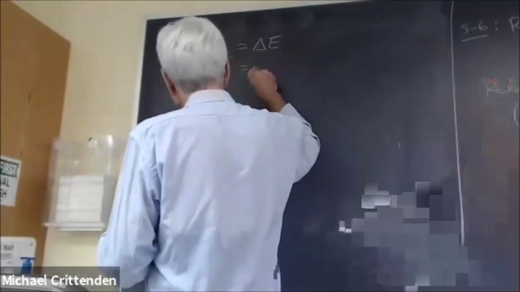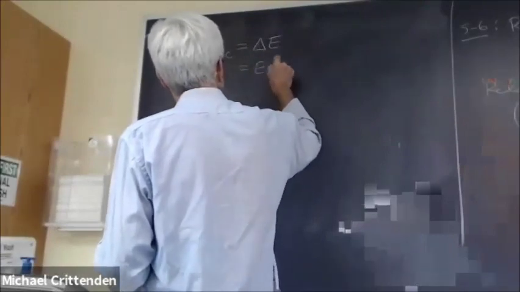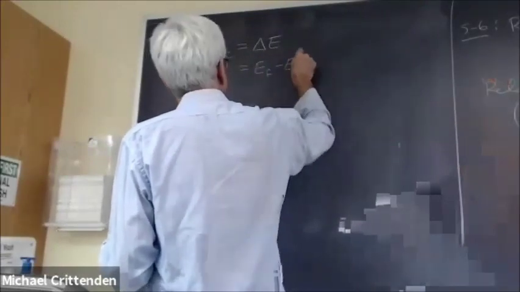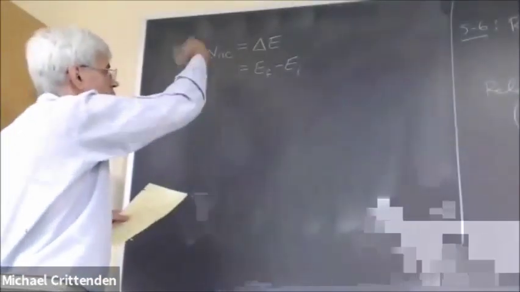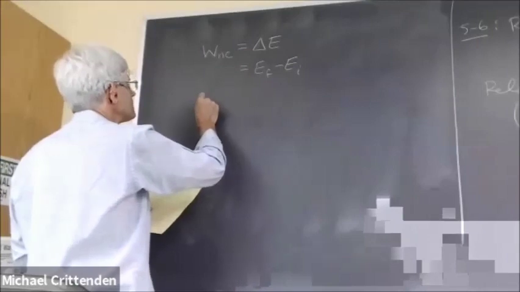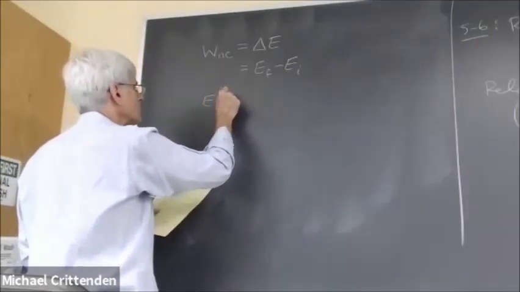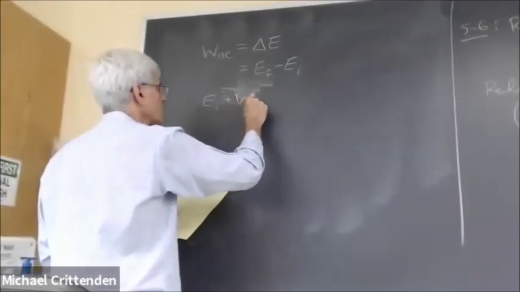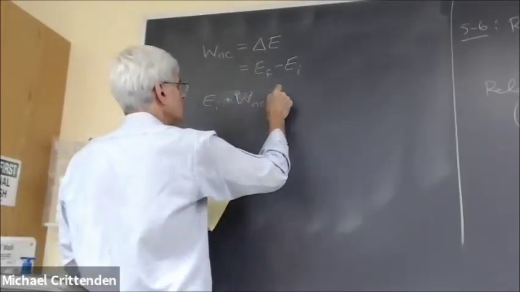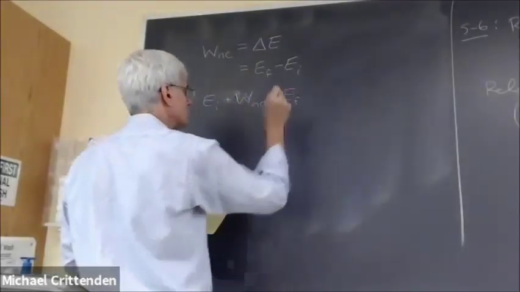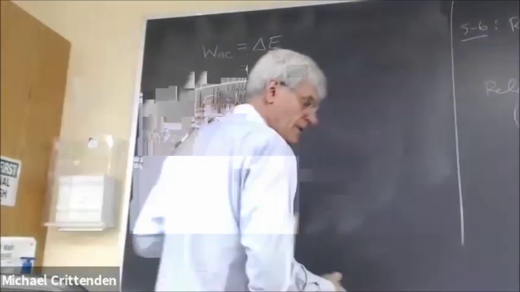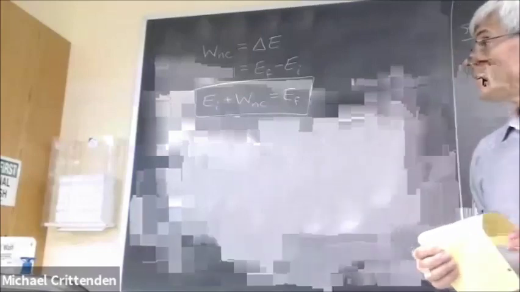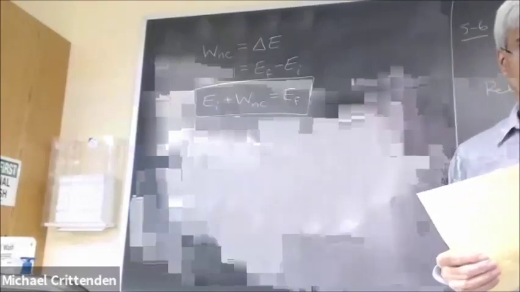Delta E, of course, means E final minus E initial. And if you rearrange that a little bit, that becomes my personal favorite way of writing the work energy theorem.